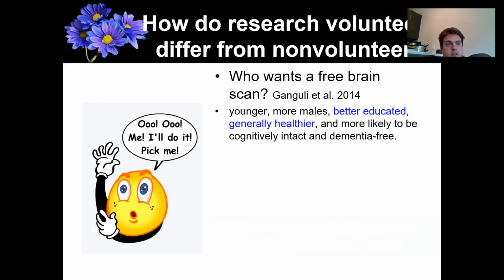Let's say I wanted to run a study on something to do with romantic relationships. Again, people who volunteer for that study might be different from the general population. Maybe someone who hasn't been in a lot of romantic relationships is not going to want to do that study, whereas someone who has been, in good or bad relationships, is going to be attracted to the study in question.